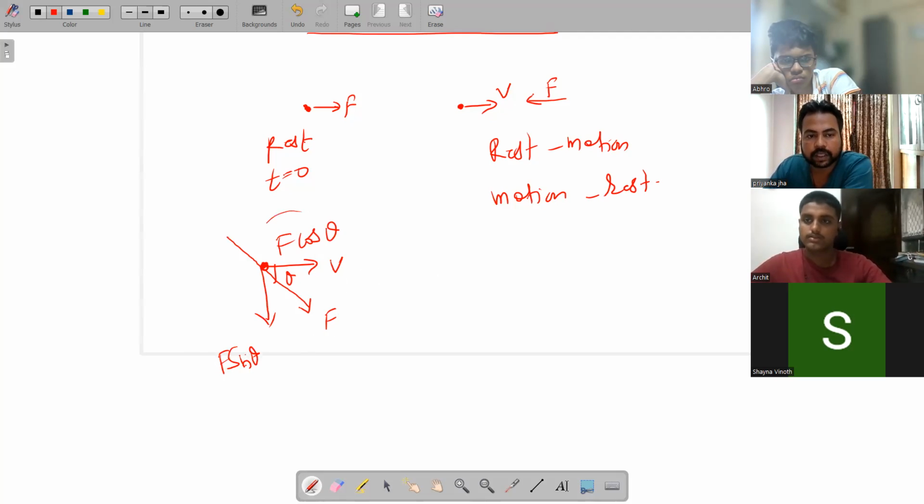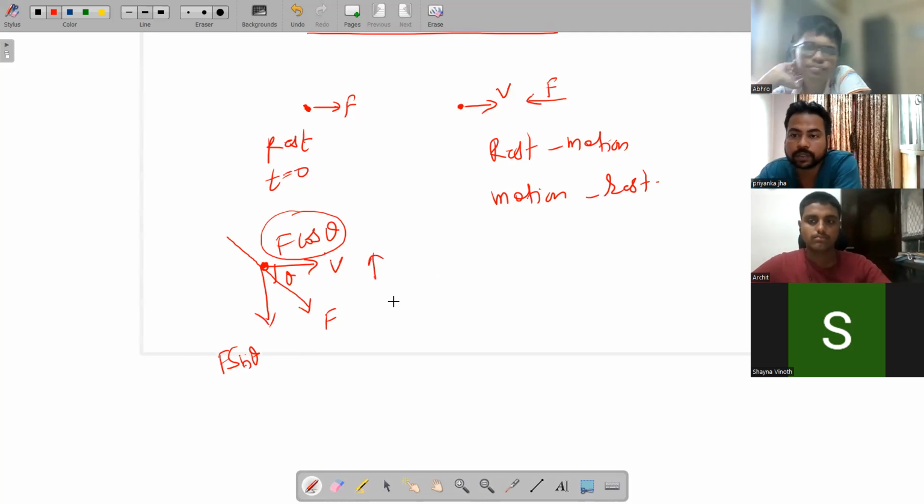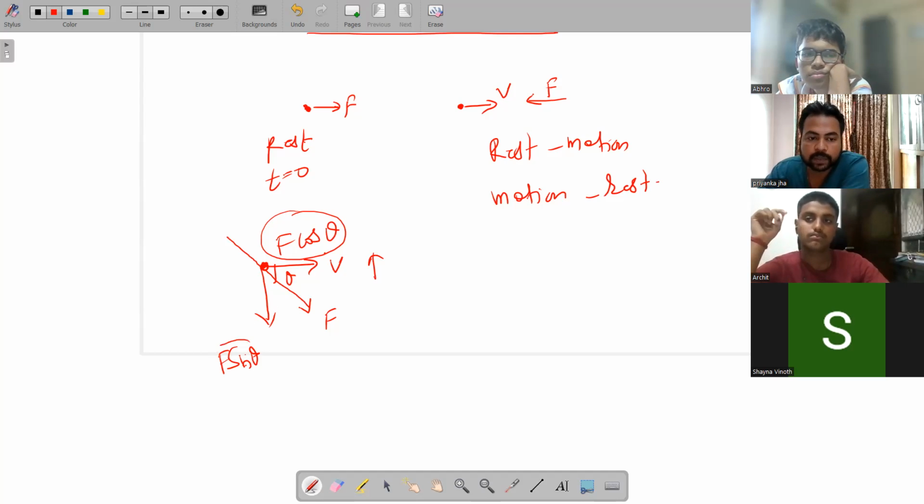Now see, this component that is in the direction of motion will increase the speed of the object because this force is supporting the motion. And the force that is perpendicular to the line of motion does not have any significance right now, because we will study about this in rotation.